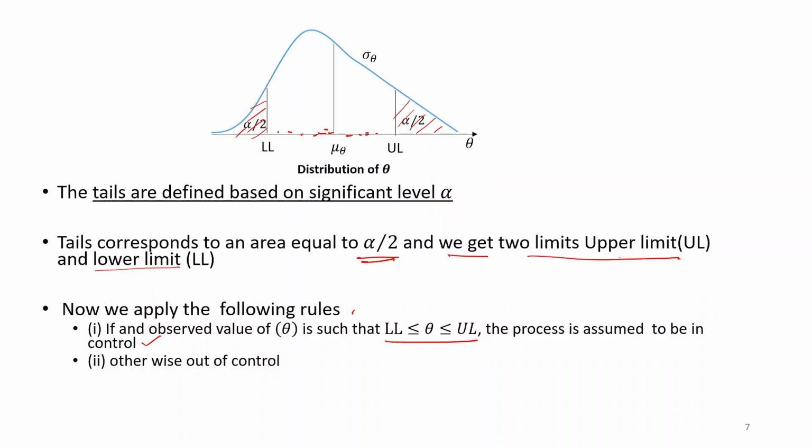Otherwise, if it falls there, then we can say the process has gone beyond control and some kind of corrective actions we may need to take. That is the conclusion we'll draw. So this is the rule that we can apply, and the rule is based on the level of significance.